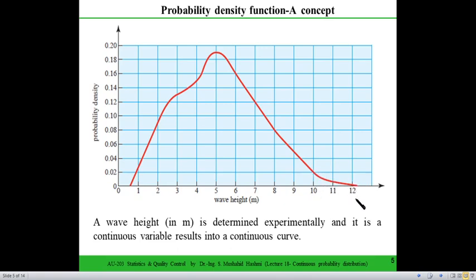So it is quite safe to build something where your ground level should be higher than 12 meters, so that the maximum wave that could hit, which is very less probable, can go up to 12-meter height. So this graph is representing the probability density of that continuous random variable, which is the height of the wave, and the mathematical function which represents this probability of that random variable is called the probability density function.